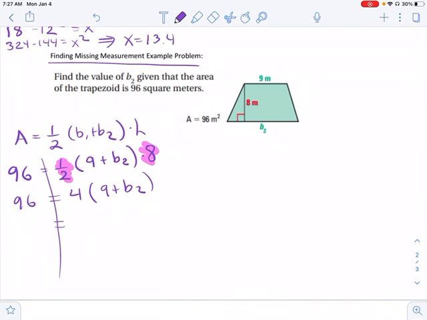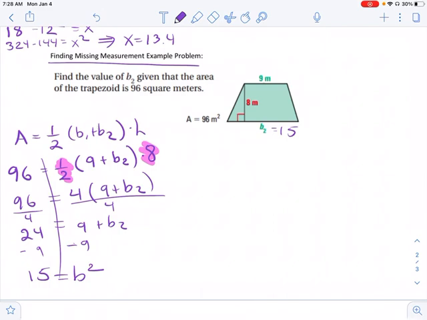What I'm going to actually do is divide by 4 on both sides instead. So this is going to give me 24 equals 9 plus b2, and then subtracting 9 from both sides. So I get 15 equals base 2. So this is now 15. If I'm checking the reasonableness of it, I just want to make sure, definitely that it's over 9, but also proportionally in this particular diagram, it also looks good.